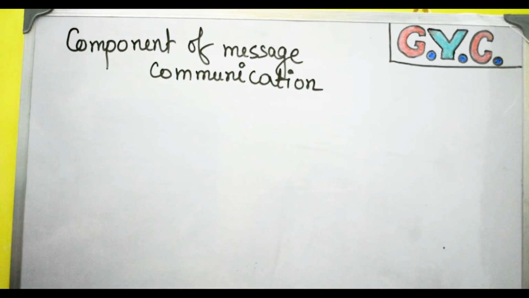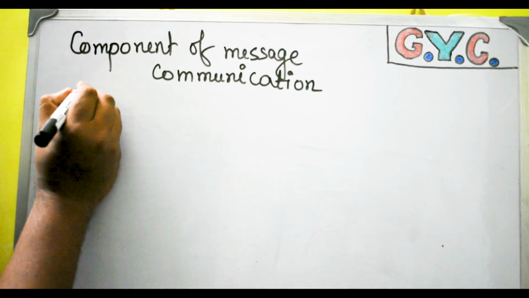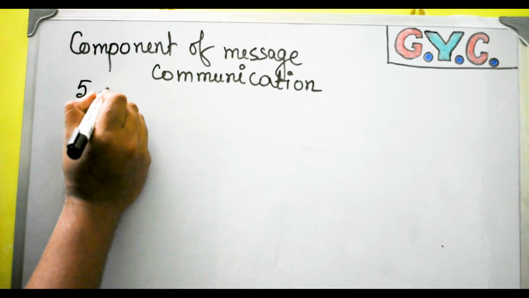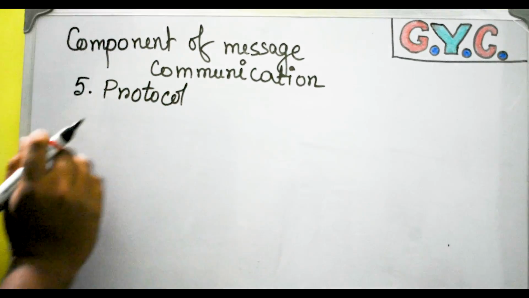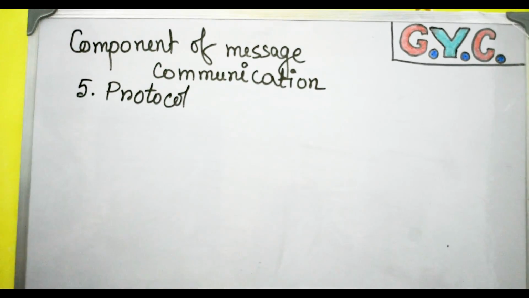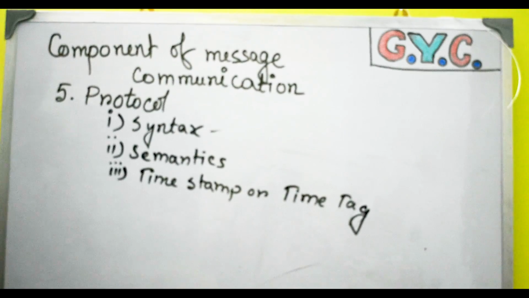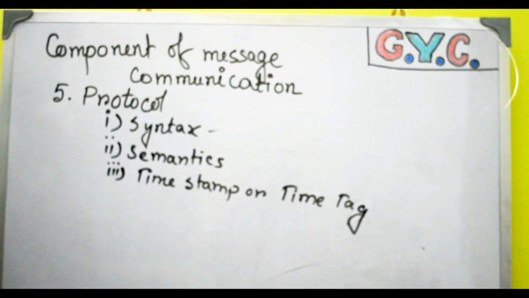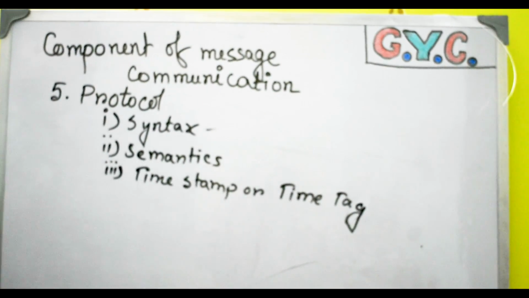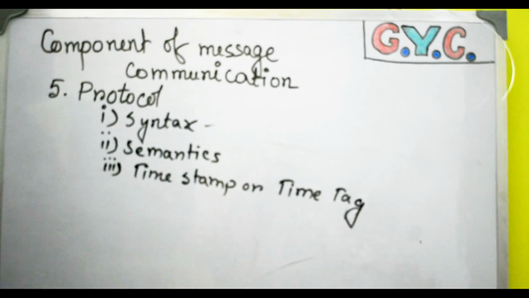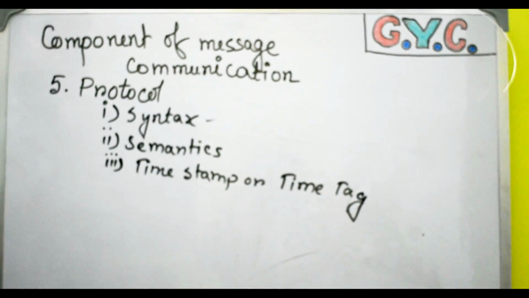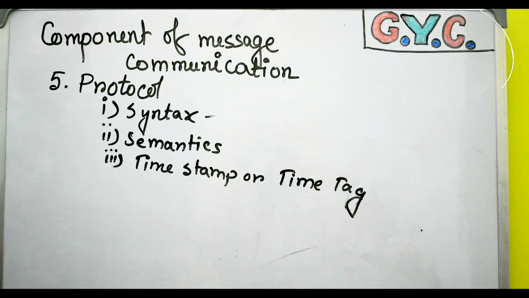No. There must be some protocol. So what is protocol? Whenever we talk about protocol, it has three different issues. First one is syntax, second one is semantics, third one is timestamp or time tag.